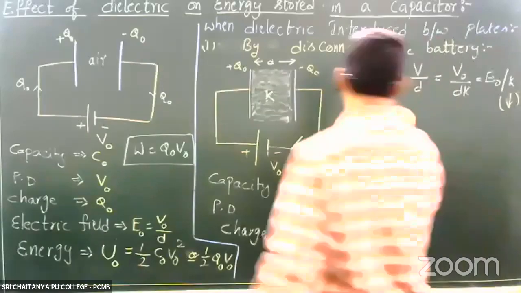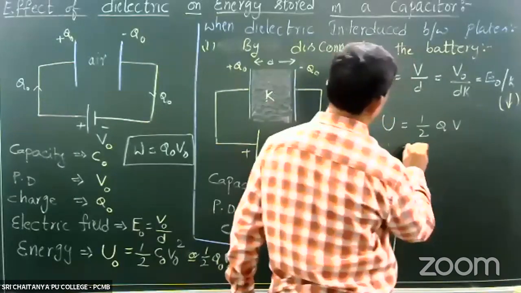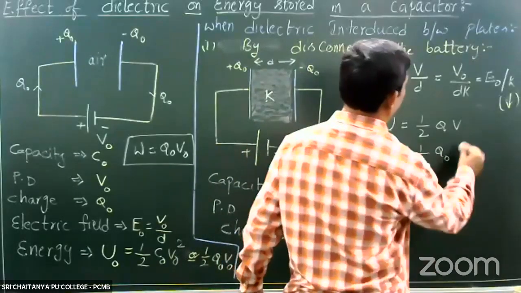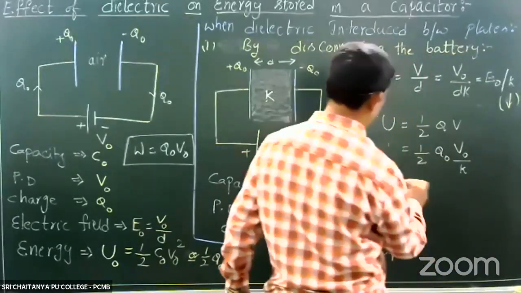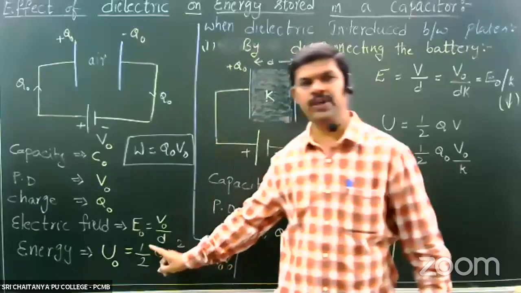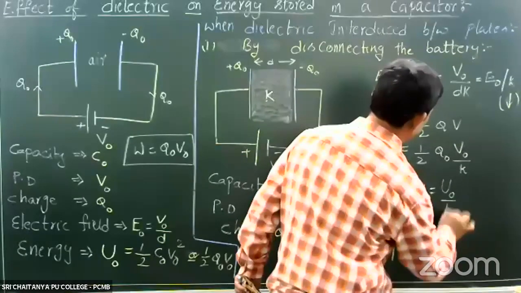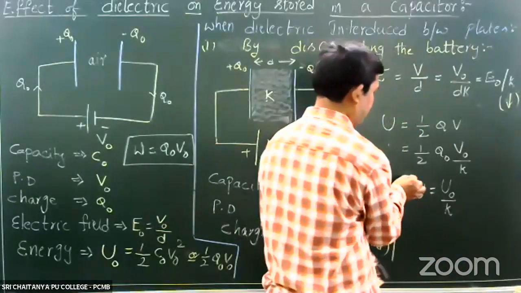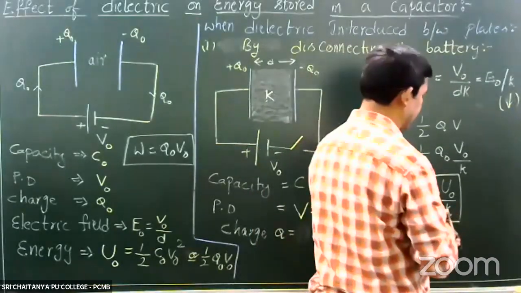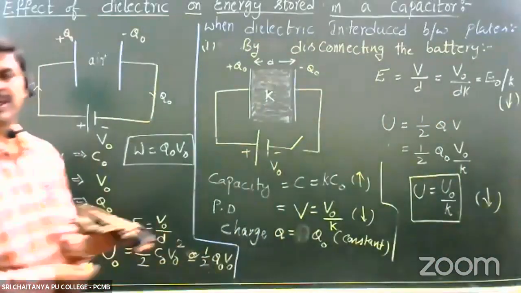Then energy: take the same formula, half QV, where Q is Q naught and V is V naught by K. Half Q naught V naught is U naught. Then U is equal to U naught by K. Energy decreases by K times. Clear?